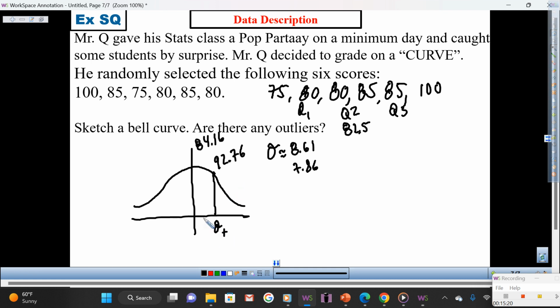Going upward. And then downward, we are at 78.55. No?